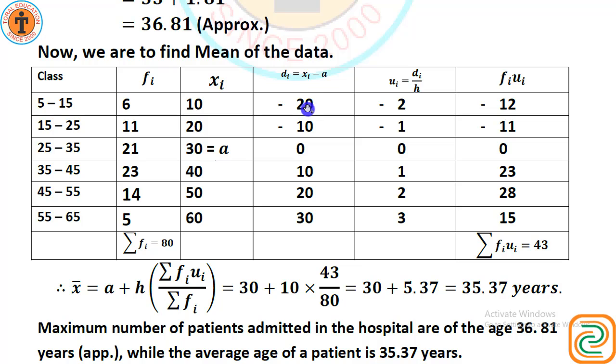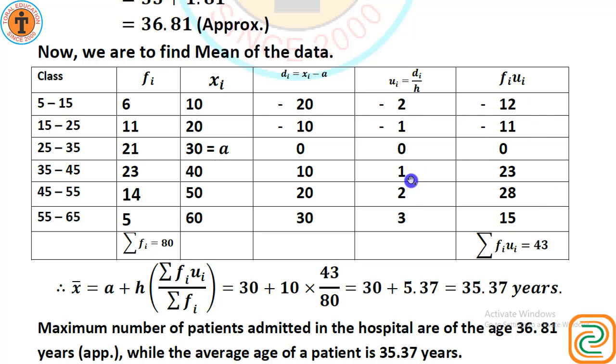Di upon h means minus 20 upon 10 is minus 2, minus 1, 0, 1, 2, 3. Then fi ui: 6 into minus 2 is minus 12, 1 into 11, minus 11, 0, 23, 28, 50. Understood? 3 into 5, that is 15. 2 into 14, that is 28.